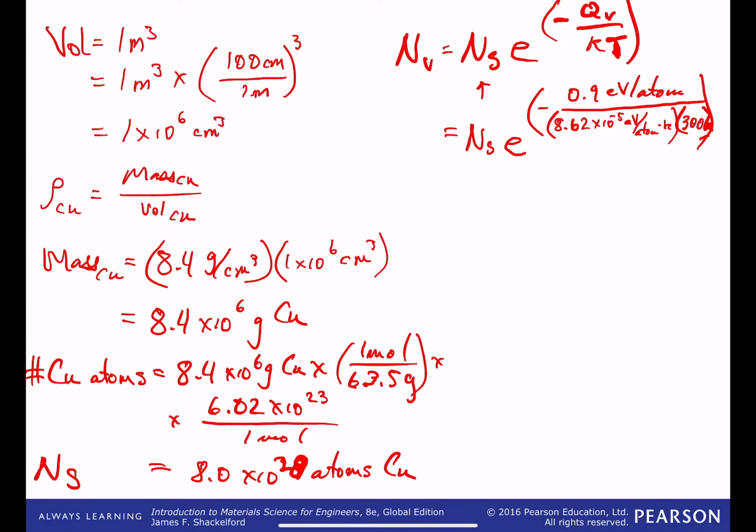Okay, so we're going to take the NS value and multiply by e raised to an exponent here.